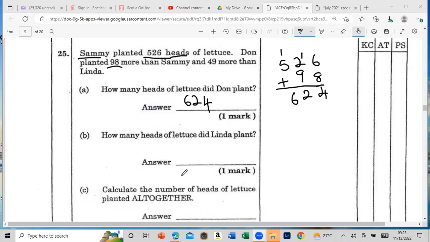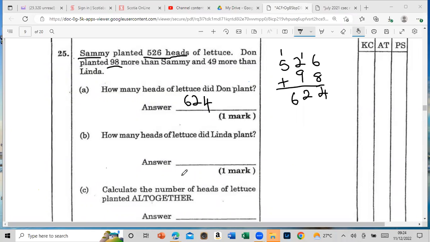You guys sure you read it correctly, right? So listen to what it said. It's all about Sammy, right? Sammy is the subject. So they say Sammy planted 526 heads of lettuce.